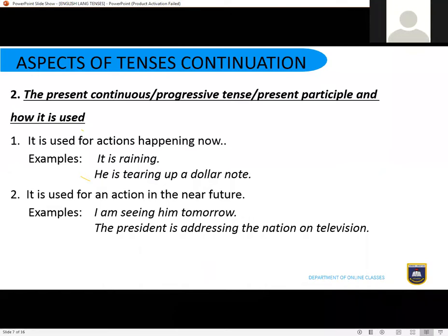Now, when the person says playing on the field, the person may use that based on the meaning that he or she is trying to convey. So if it says playing on the field, then probably the action has taken place and the person probably is not on the field. Is it okay?